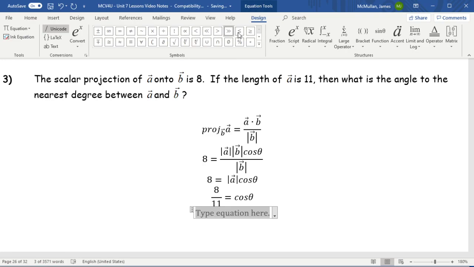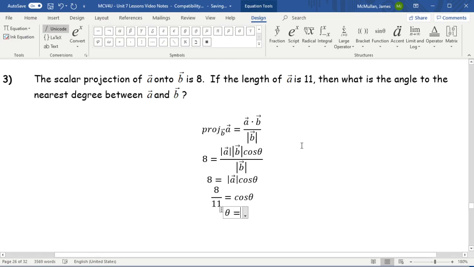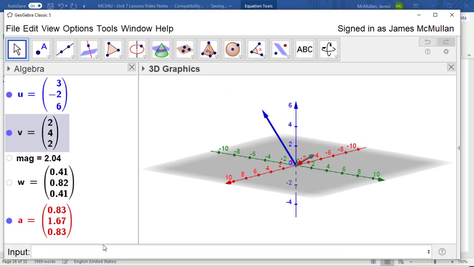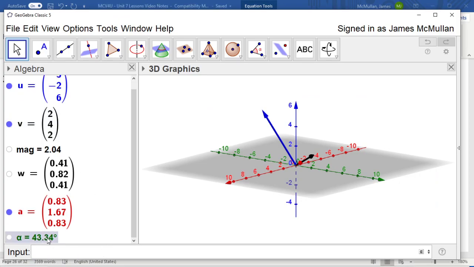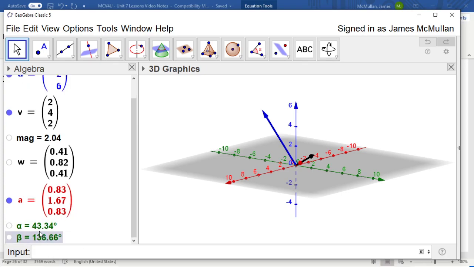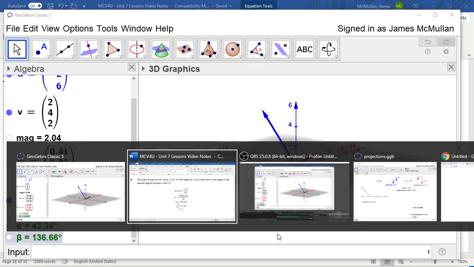Therefore, theta is equal to 43.34, or 180 minus that number in quadrant 2. So 43.34 or 136. So let's just say 43 or 137.